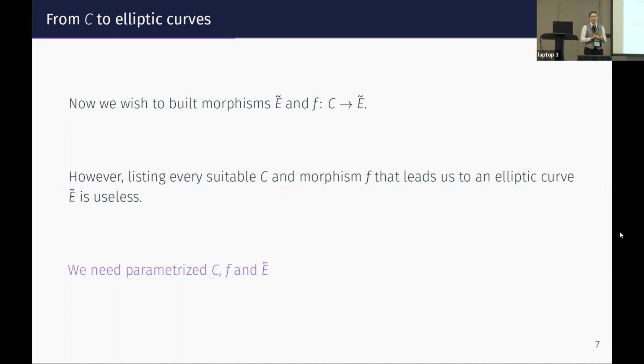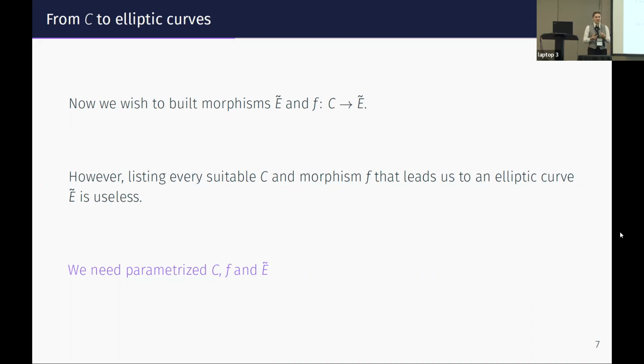Now we wish to be able to find covers from the curve C to elliptic curves Tilde E. Actually, this is not a very easy thing to do, because we could think about listing every kind of exceptional cover C we can find with isogenies, and then trying to see which elliptic curve we can reach from them, but this would more or less consist in building a database of pairs C and Tilde E that work with this construction, and this is very impractical if we want to use this construction for a real-life application.